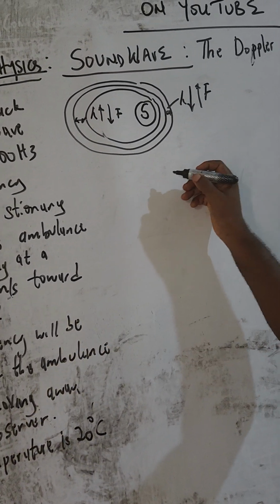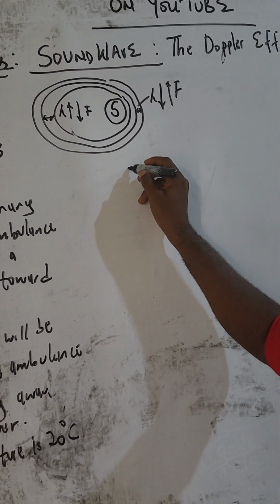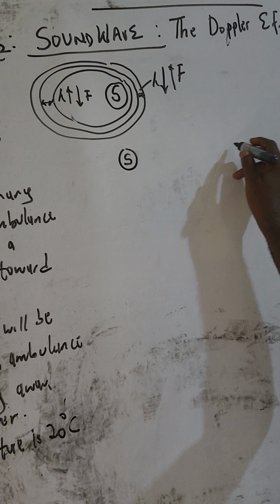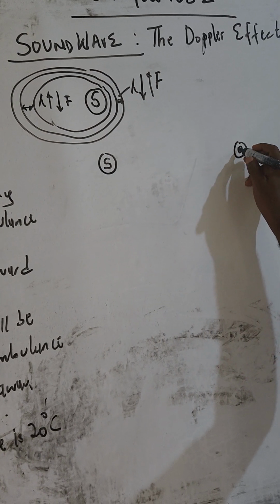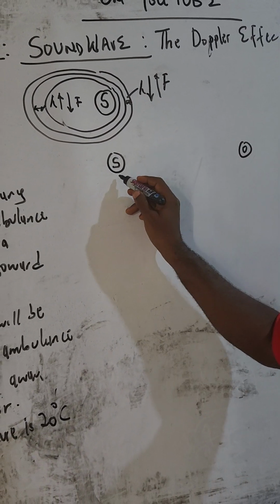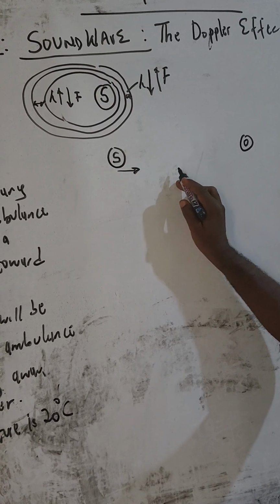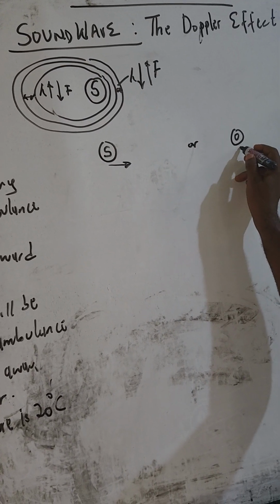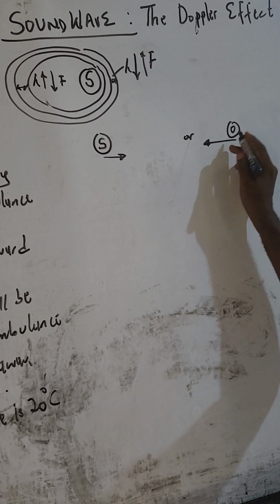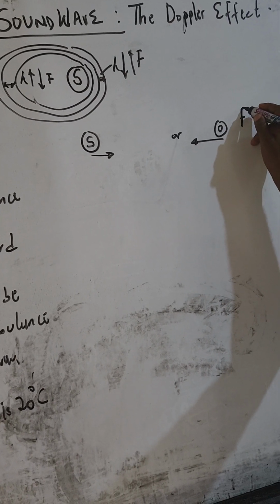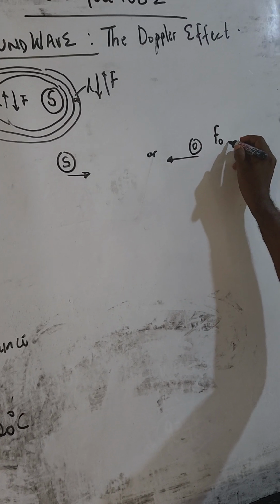Now, one thing I want us to also take note of is this. When we have a source and we have an observer here, anytime the source is moving toward the observer or the observer is moving toward the source, the frequency of the observer increases.